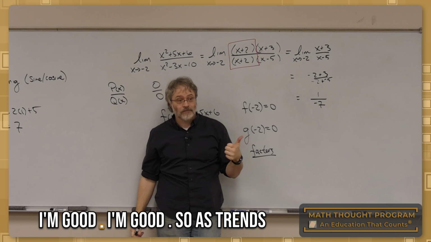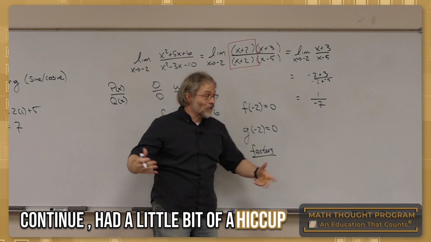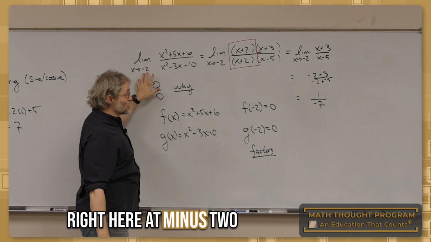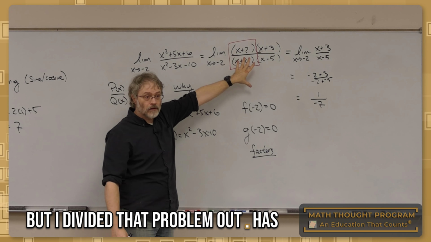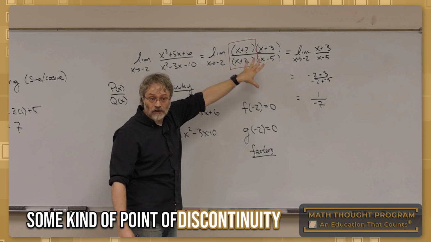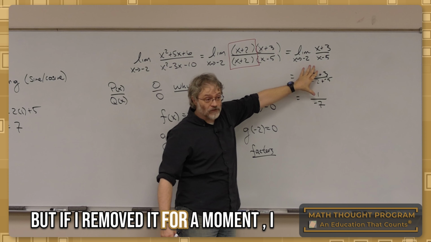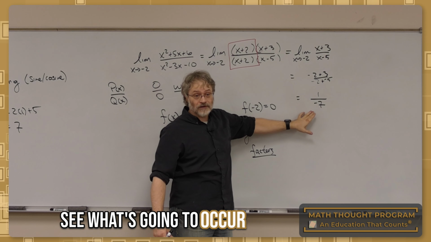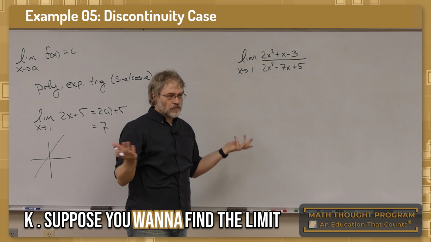I'm good. So as trends continue, I had a little bit of a hiccup right here at -2, but I divided that problem out. It has some kind of point of discontinuity, but if I removed it for a moment, I see what's going to occur. Okay, suppose you want to find the limit.